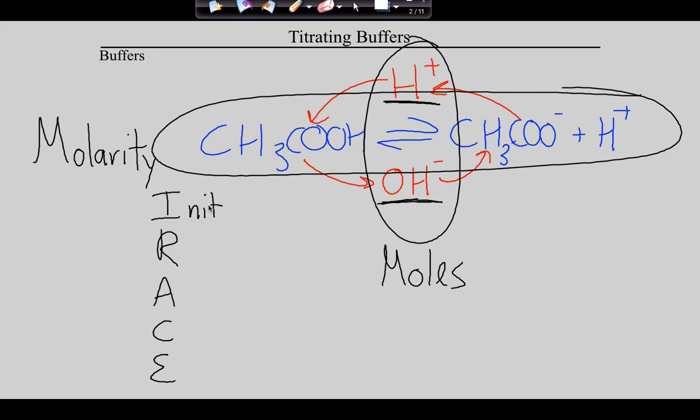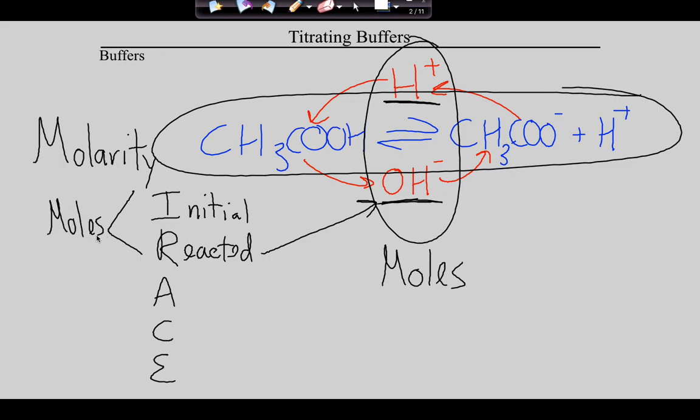It's initial, that is how much stuff you started with. Then it is reacted. And when we say reacted, we're talking about the strong acid or base coming in and kicking tail. So guys, what units are we going to use for our initial and reacted amounts?